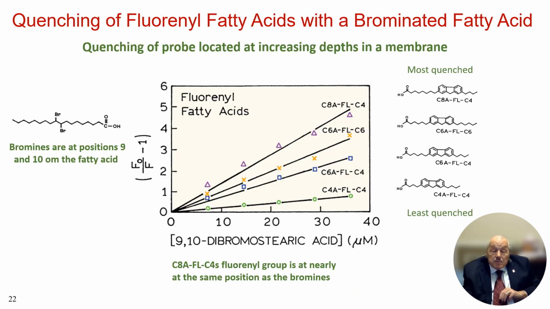Another experiment that was done, now working with homogeneous lipid vesicles, was the quenching of fluorescent fatty acids, which are shown over here, by a brominated fatty acid, using only one brominated fatty acid, which is here, and to see how the different fluorenyl derivatives were quenched by that brominated fatty acid.